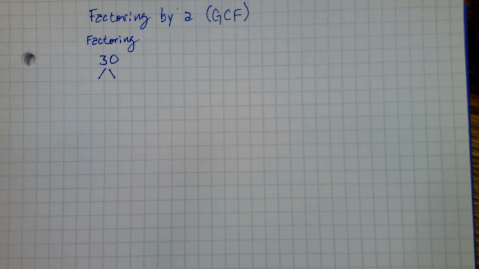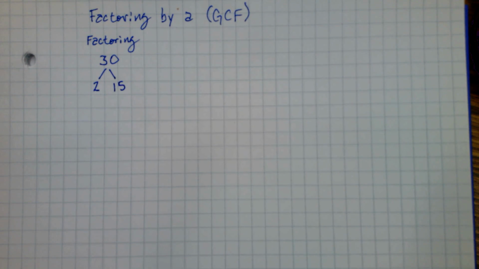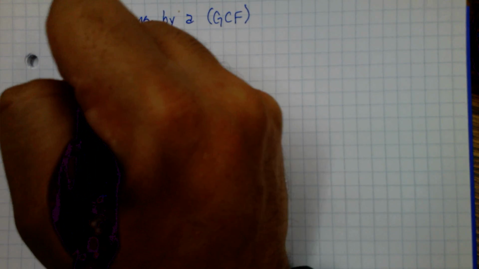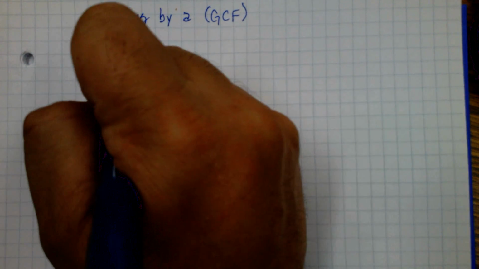So I'm thinking 30, I'm thinking 2 times 15, right? And if we look at this, well, 2 is a prime number, right? Nothing else goes into 2 except 2 and 1, so it's prime. But I still can break down 15, right?